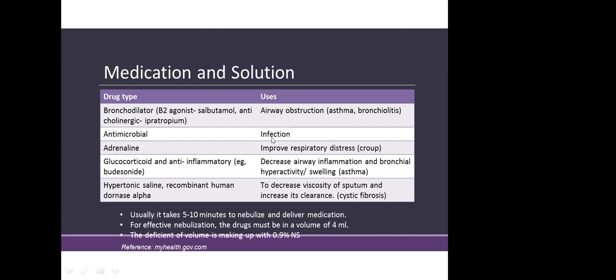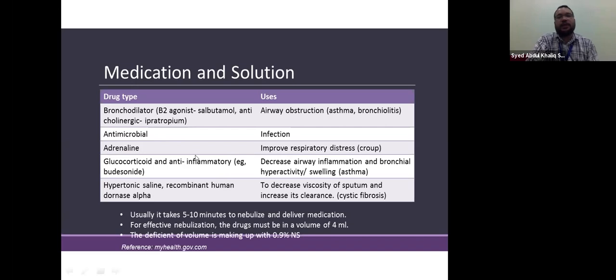Antimicrobials are used if infection is present in the respiratory system. Adrenaline can also be used to improve respiratory distress. Glucocorticoids have anti-inflammatory action and can reduce inflammation.